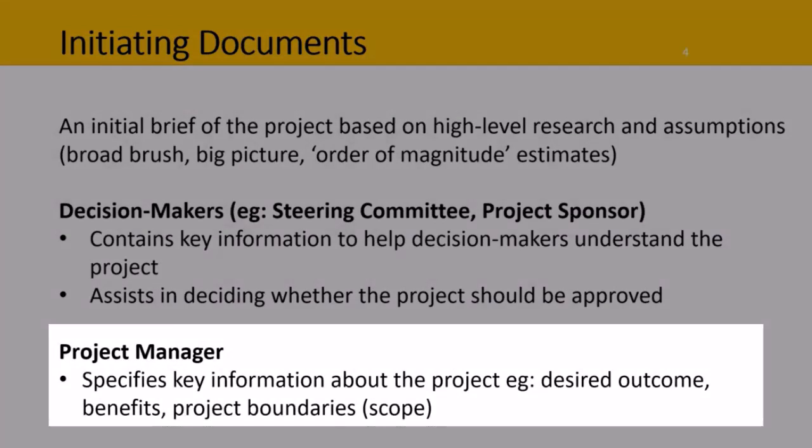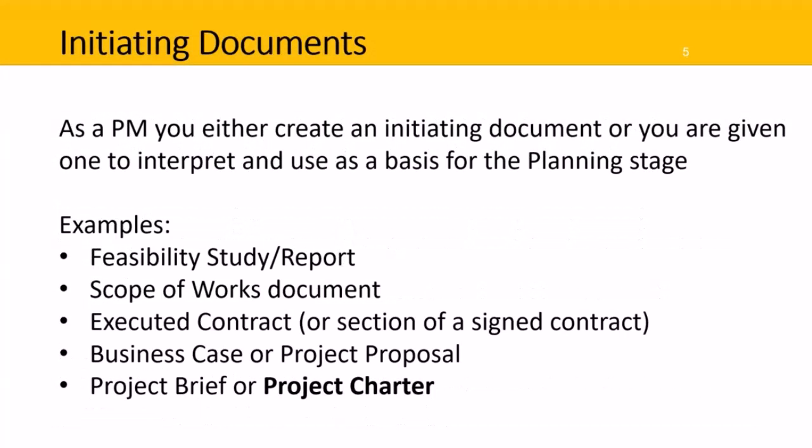For the project manager, it's a document that specifies key information about the project, such as its purpose, objective, some benefits or the desired outcome of the project, sometimes called a business case, and also importantly, the boundaries of the project, also known as the project scope. As a project manager, you'll either create an initiation document yourself, or you'll be given one from a senior manager to interpret and use to create a detailed project plan in the planning phase of the project lifecycle.